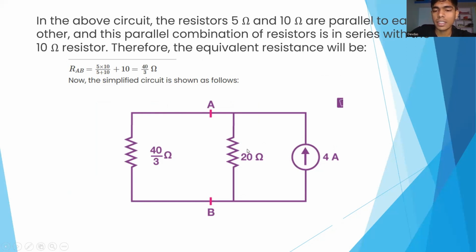Now this and this are both parallel to each other. Of course, if the circuit is as simple as this network, you can use simple ways to calculate the current or voltage through a particular element. But when it comes to complicated circuits where you have multiple sources and multiple elements, things might not be simple, and KVL and KCL might be the only way to solve the problems.